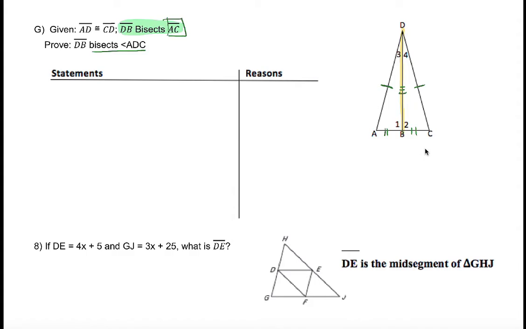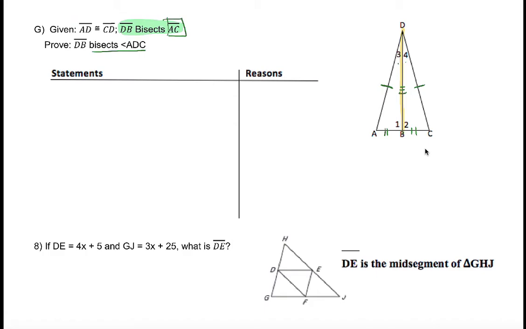And then our sub goal before we're able to end the proof would be to find out that angle pair. If DB is bisecting ADC, then they are going to be using 3 and 4 to prove that this is a bisector. So I would like to use my 2 triangles here in order to say that 3 is congruent to 4, in order to get the fact that DB is a bisector of angle ADC.